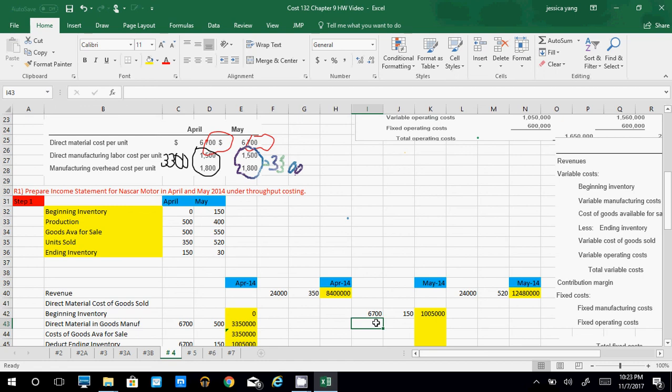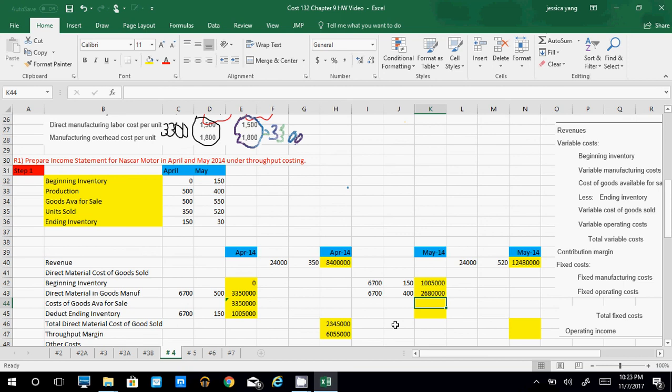For direct material and goods manufactured, we will still take the 6,700 from May of direct material cost per unit and multiply that by the 400 units in production in May, to get a total of 2,680,000.